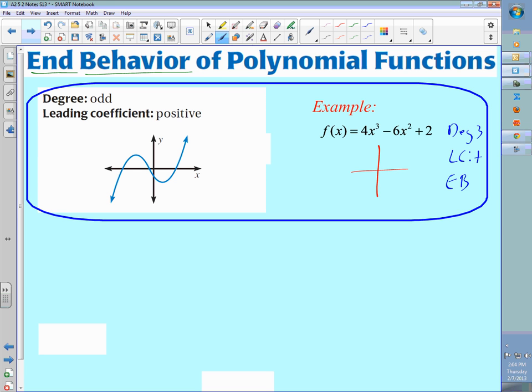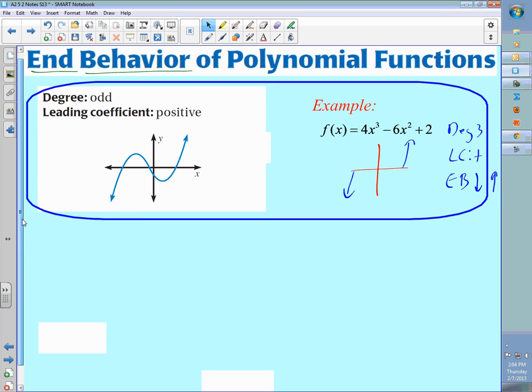End behavior. This is where you say it. Down on the left, up on the right. So all I want for the graph is this. Don't even worry about what happens in between today. There's only one more thing to add, and we just have a little bit of tweaking to make that work for you. That's all I need from you.